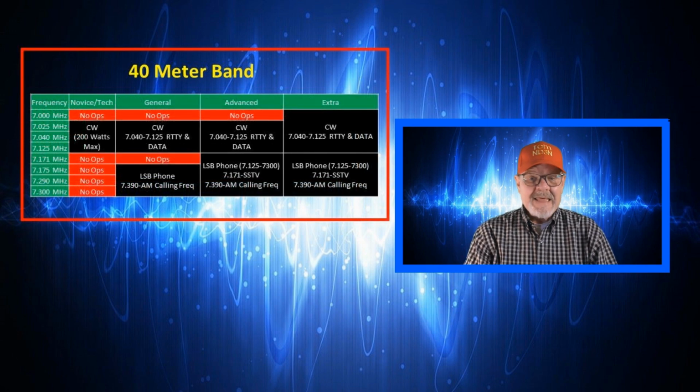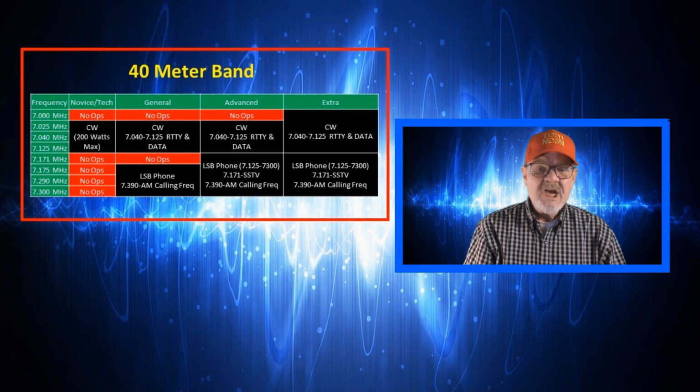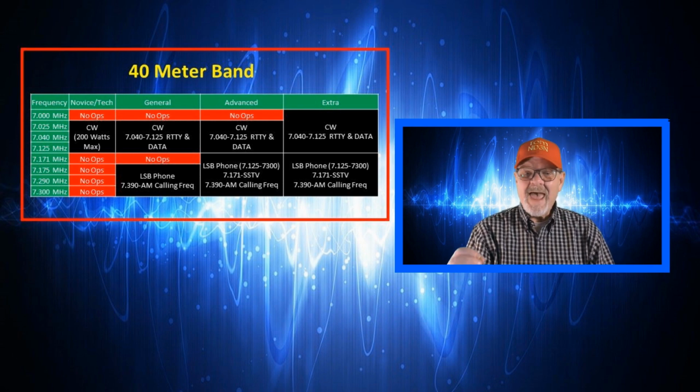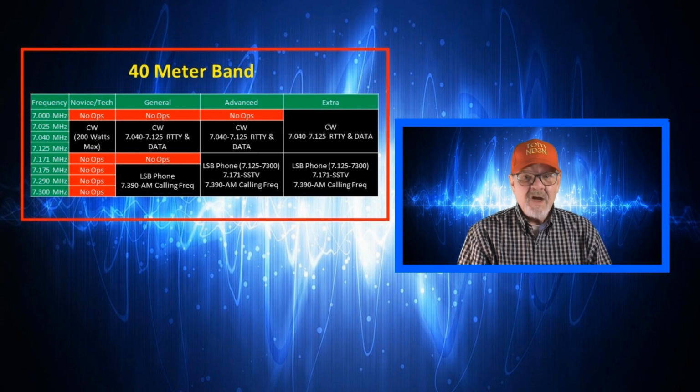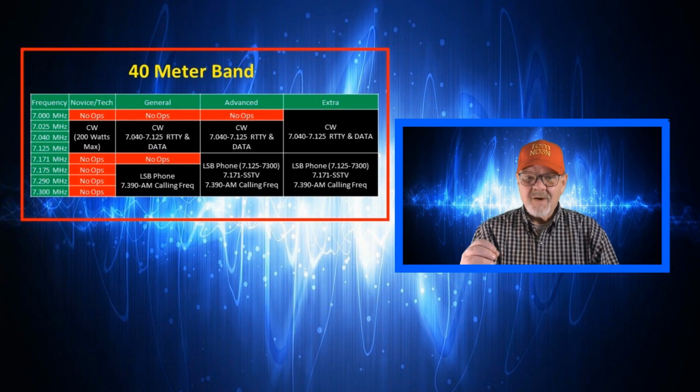Like the 80 meter band, the 40 meter band is available with different privileges to all ham radio operators from the novice and technician up to extra class, each with increasing privileges as the license class increases. We'll start with the novice and tech, who have CW privileges limited to 200 watts out from 7.025 to 7.125 megahertz.